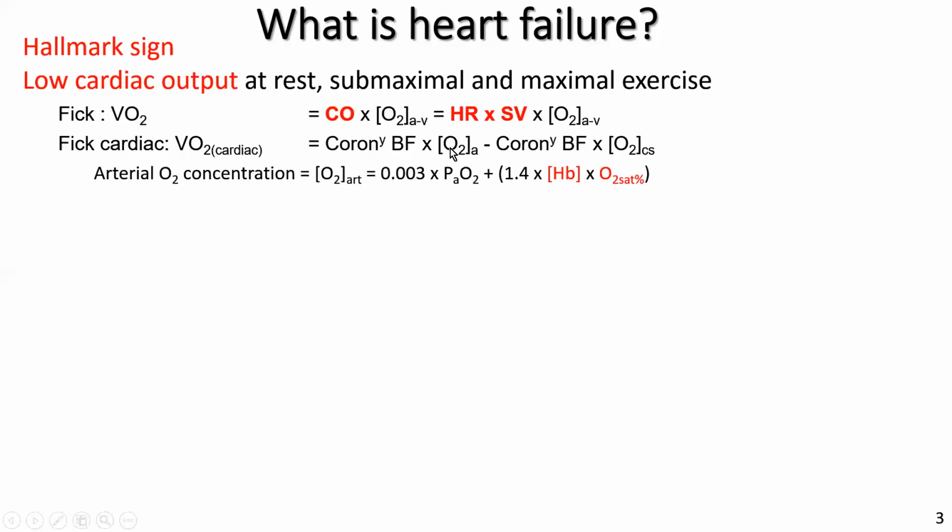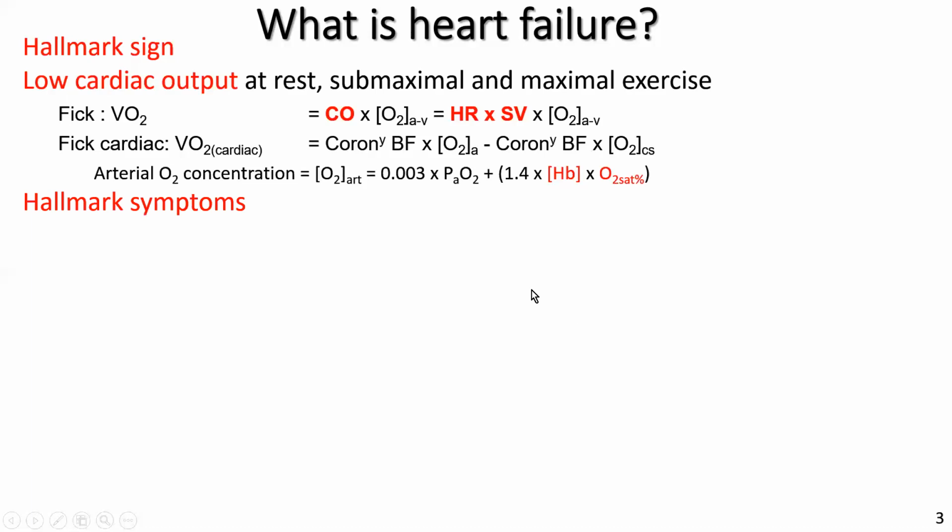And if we look at O2 arterial, by far the most dominant components of O2 arterial are hemoglobin concentration, in other words, treat anemias, and oxygen saturation, in other words, treat any lung problems, but also heart failure can result in low oxygen saturation in arterial blood. These are not the topics of this video though.